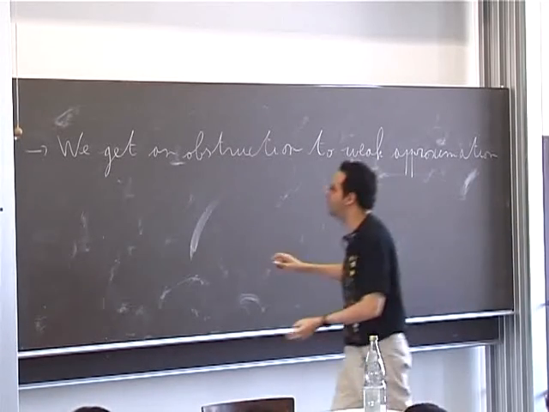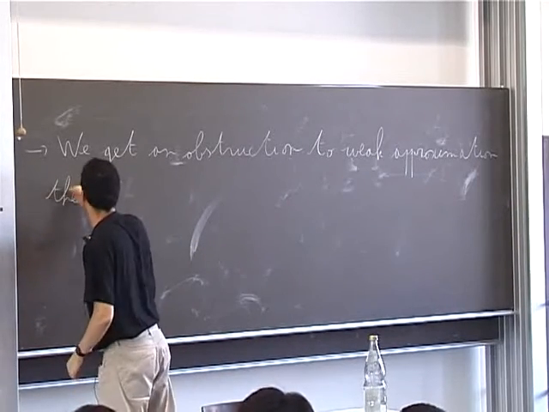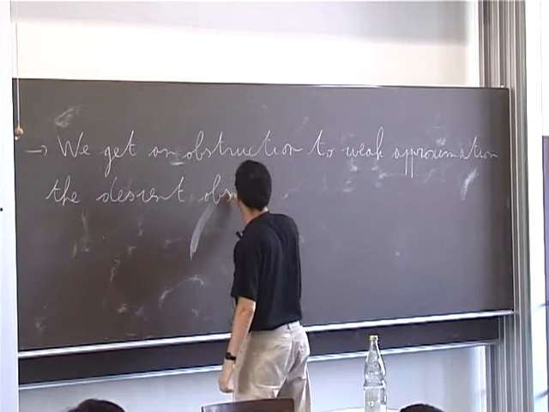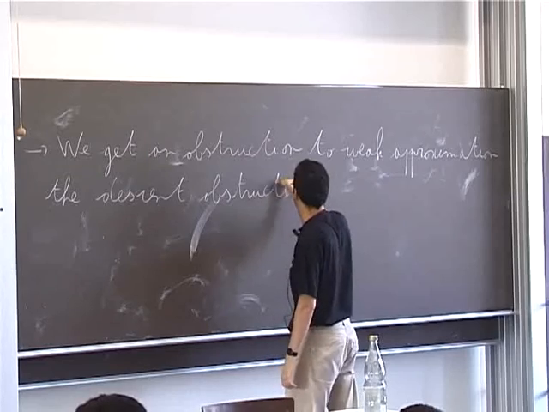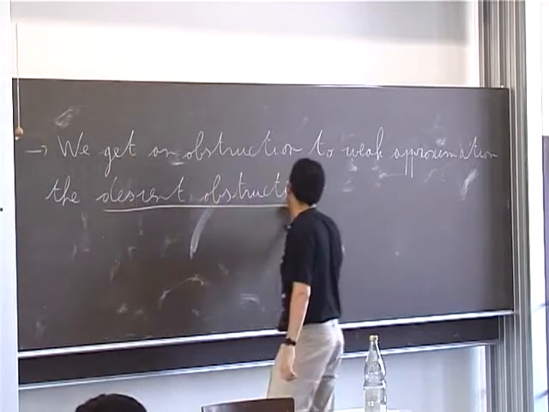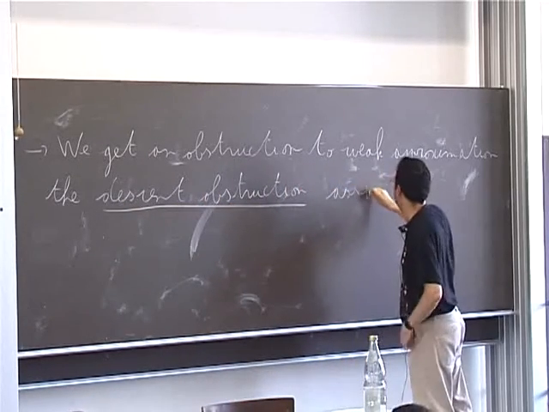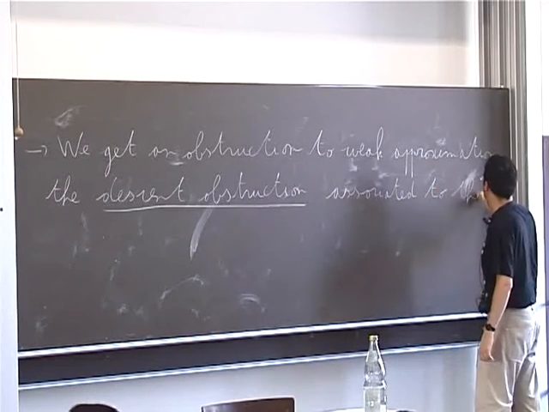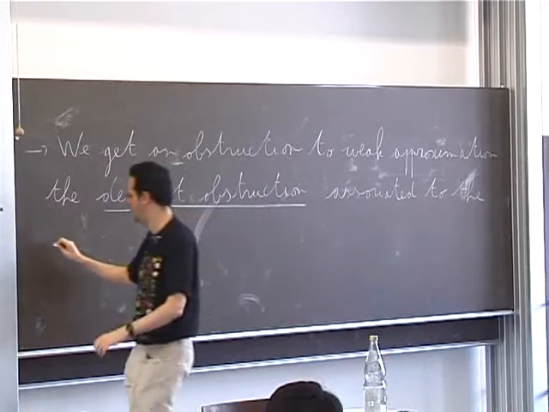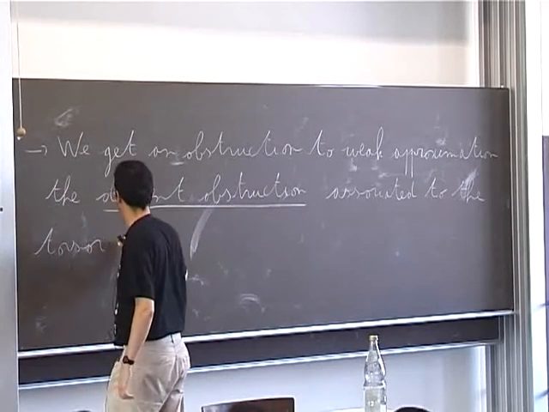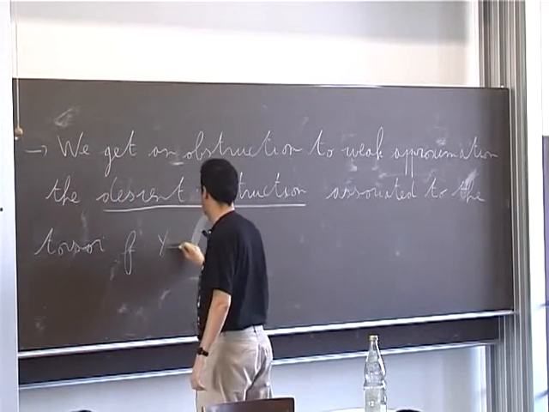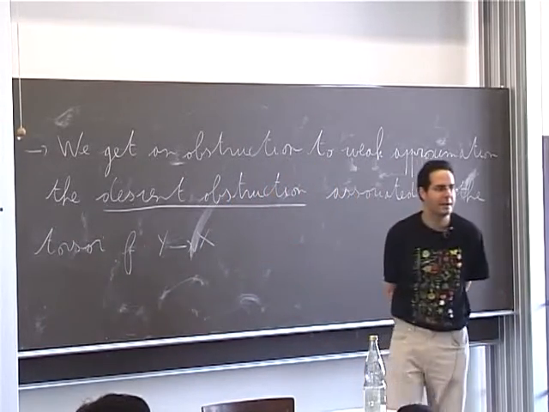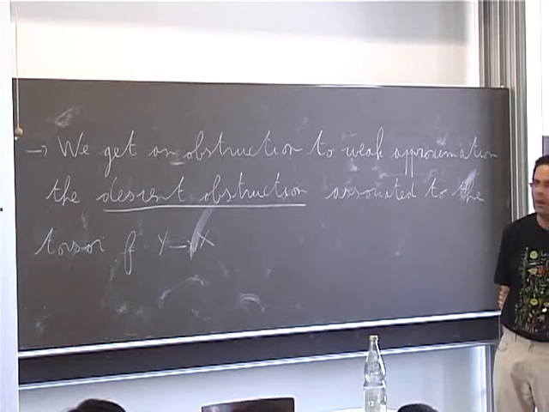So this is the so-called descent obstruction associated to the torsor f from Y to X. I'm sorry, so this X(A_K)^f is not a closed set.